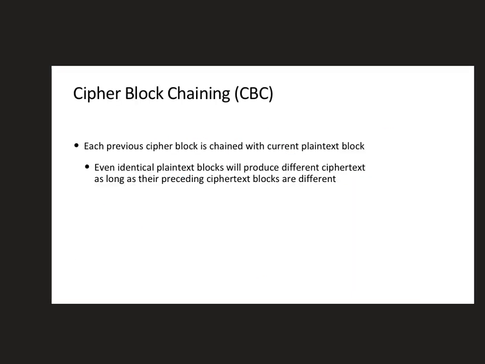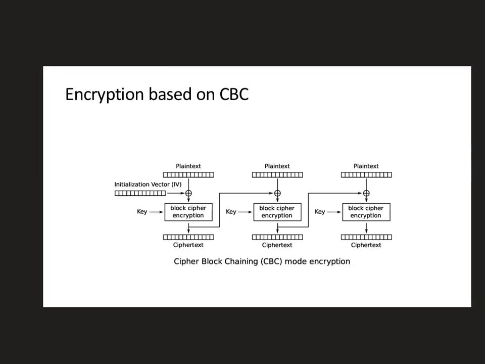Let's see the second mode of operation, CBC, cipher block chaining. In CBC, each previous cipher block is chained with the current plaintext block. Even identical plaintext blocks will produce different ciphertext as long as their preceding ciphertext blocks are different.